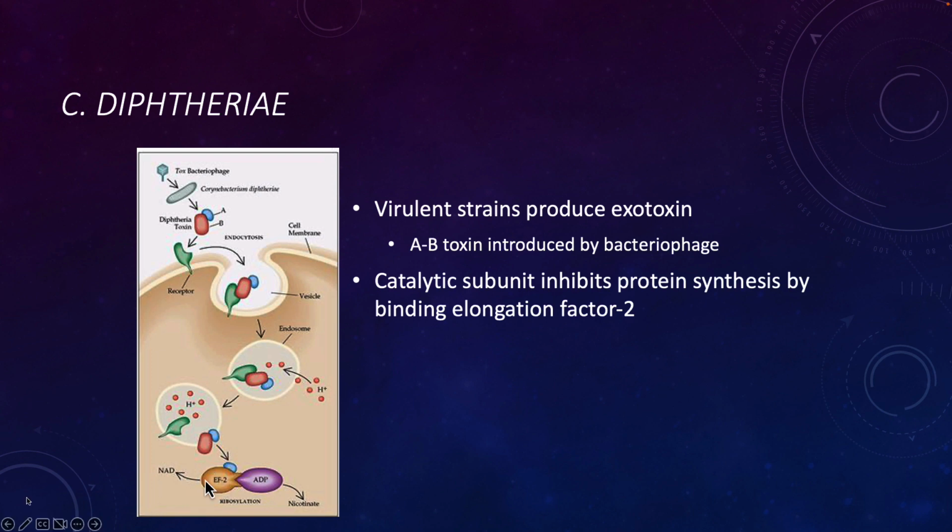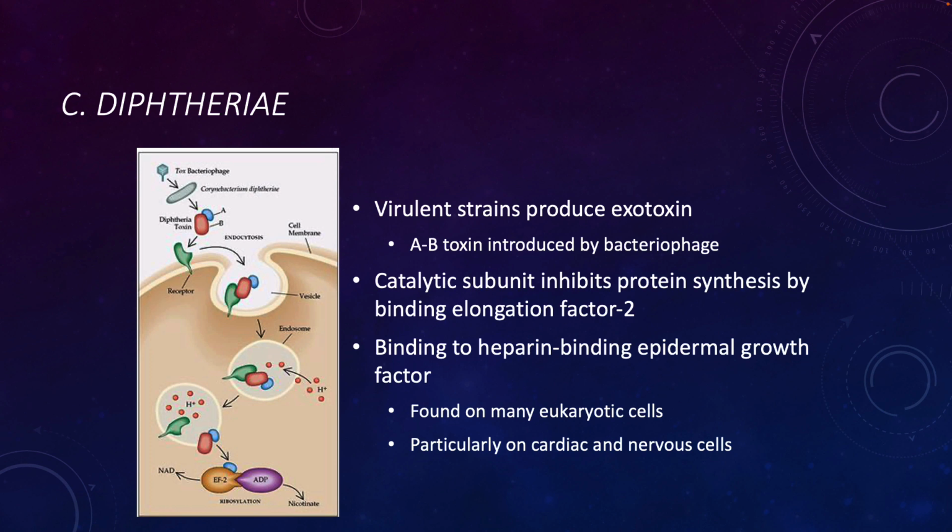Specifically, the toxin binds to elongation factor 2, EF2, preventing it from working. The host receptor that diphtheria toxin uses, that binding domain of the toxin, is a heparin-binding epidermal growth factor. This is a relatively common receptor found on multiple cell types in eukaryotes, including us, and is particularly enriched in cardiac and nervous system cells.